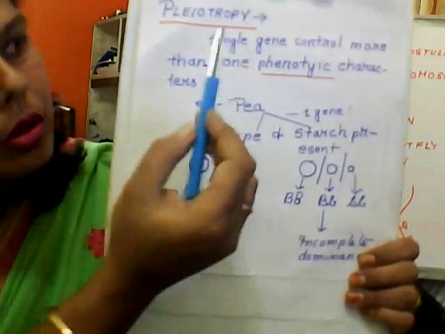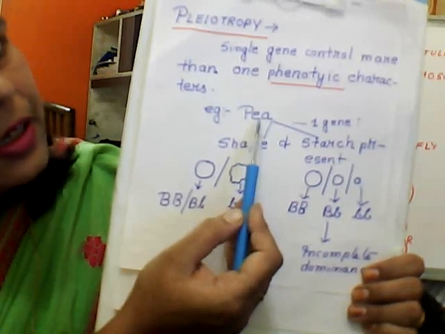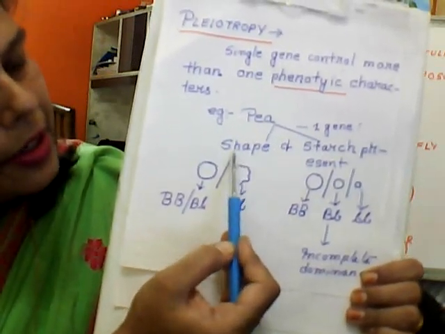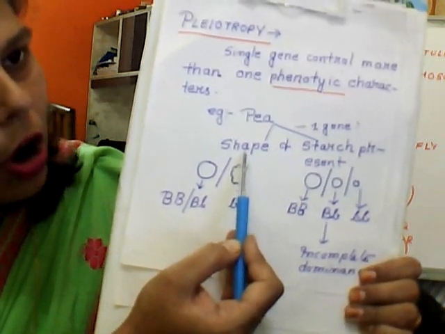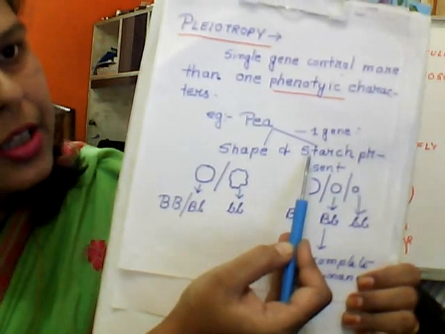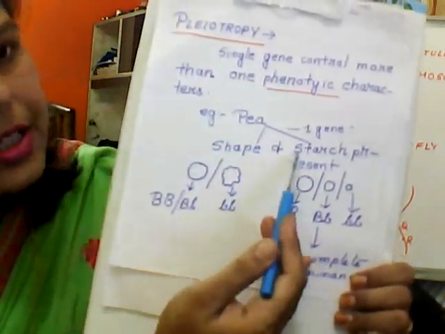Okay, so pleiotropic, now this pea plant. It has two characters, that is the shape, which is round or wrinkled, and the content of starch in the seed. That means it will determine the size of the seed.